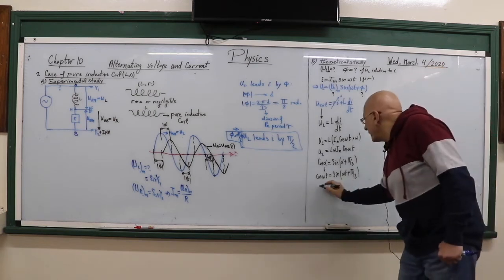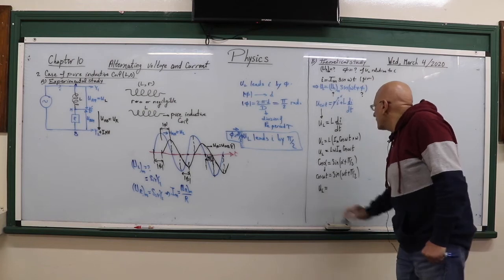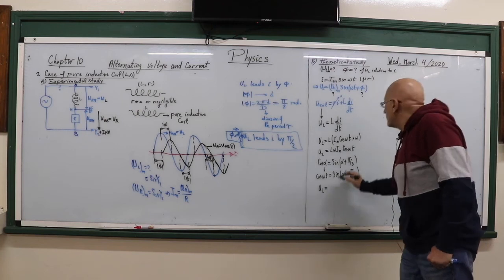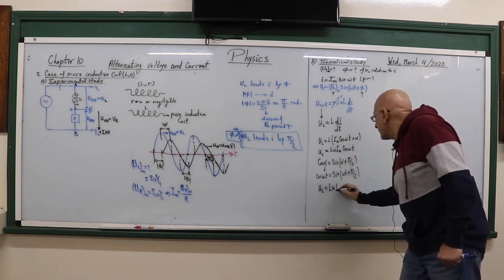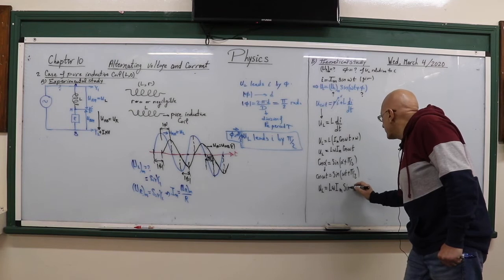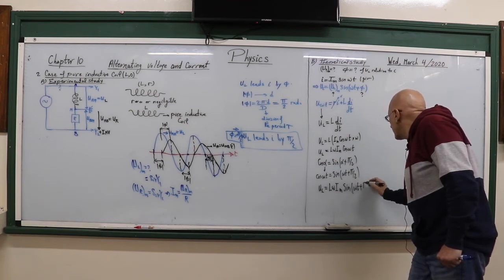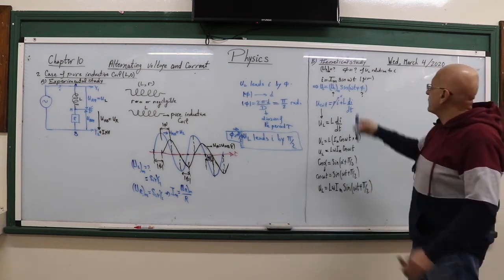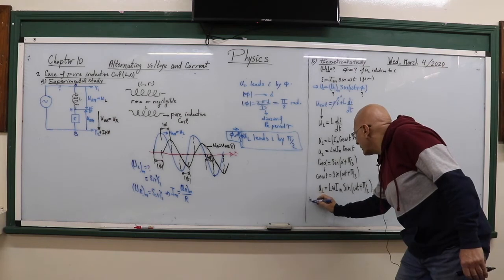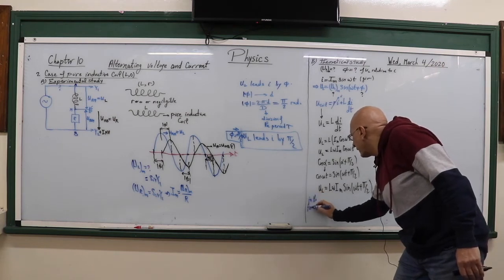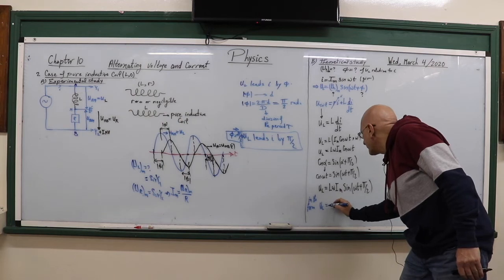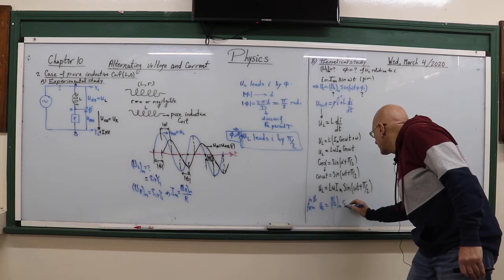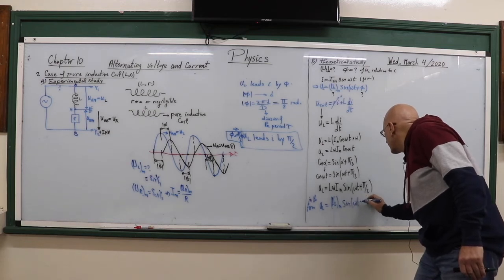So UL will be equal to L omega Im sine omega t plus pi over 2, which is in the expected form, in the form of UL equal to UL maximum sine omega t plus phi.